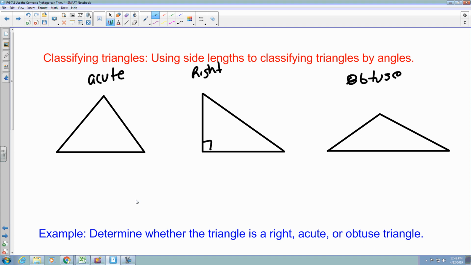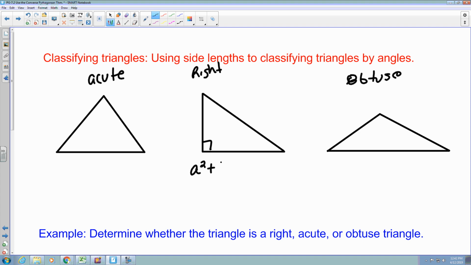So there is a theorem that is going to allow us to determine if a triangle is acute, right, or obtuse by their side measurements. We know how to determine if a triangle is a right triangle. We use the Pythagorean theorem.